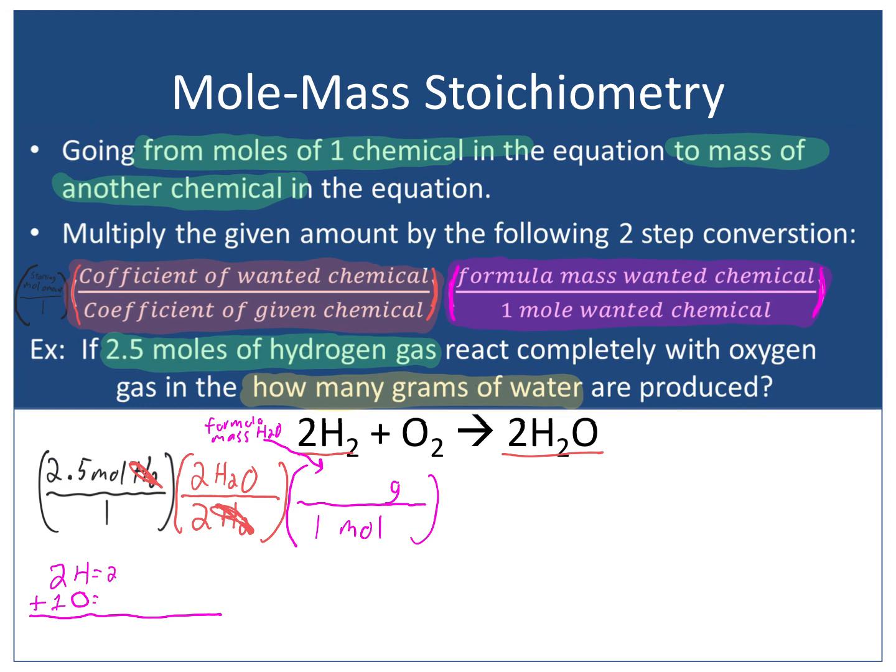Using my periodic table, I take 2 times the mass of hydrogen, which is 1.008, giving me 2.016. 1 oxygen is 16.00. Adding them together, I get 18.016, which rounds to 18.02 to 2 decimals because sig figs. My formula mass of water is 18.02. This cancels out the unit of moles.